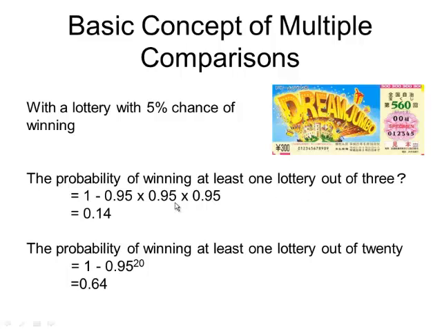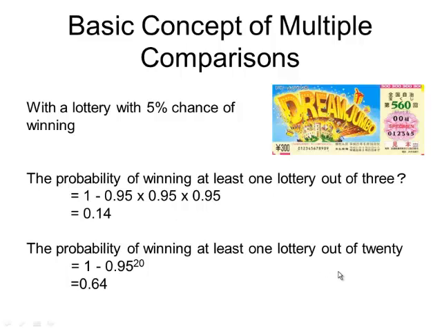To do that, you subtract the probability of not winning any from 1. When you have a 5% chance of winning, you have a 95% chance of not winning. Since you don't win on all 3 tickets, you compute this probability of not winning, subtract it from 1, and the probability in this case is 14%. So when you buy 3 tickets, there is a 14% chance of winning with at least one ticket if each has a 5% chance of winning.